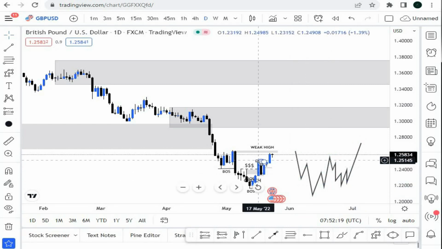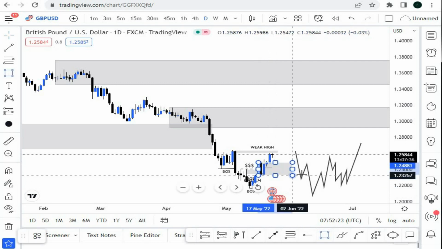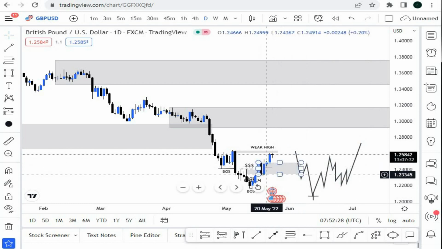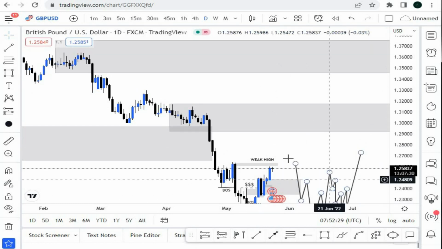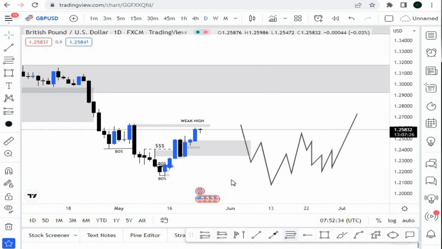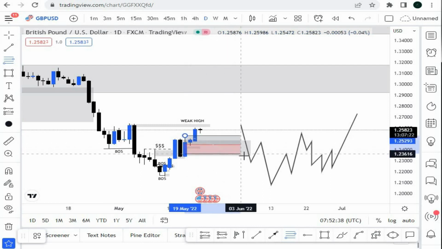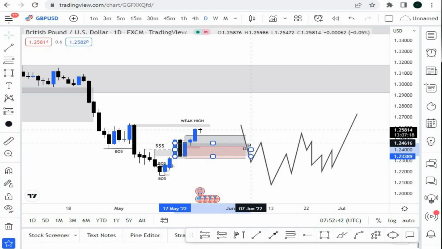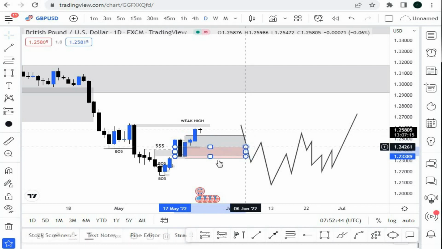So you can see we have this opposite candlestick, meaning it's our base area. The next thing which we expect is the price to come and give us a change of character. But what you can also do is highlight the high and the low, something like this, and then focus on this zone area right there.